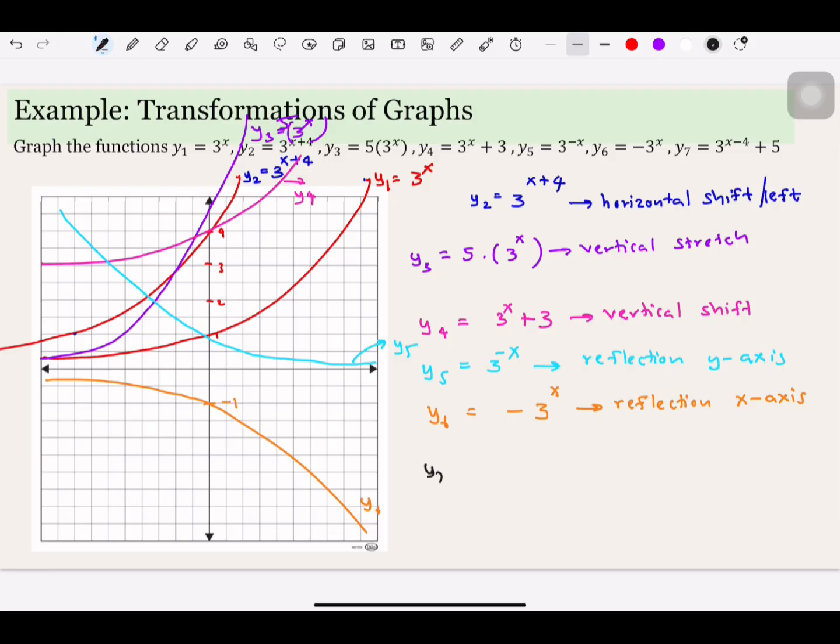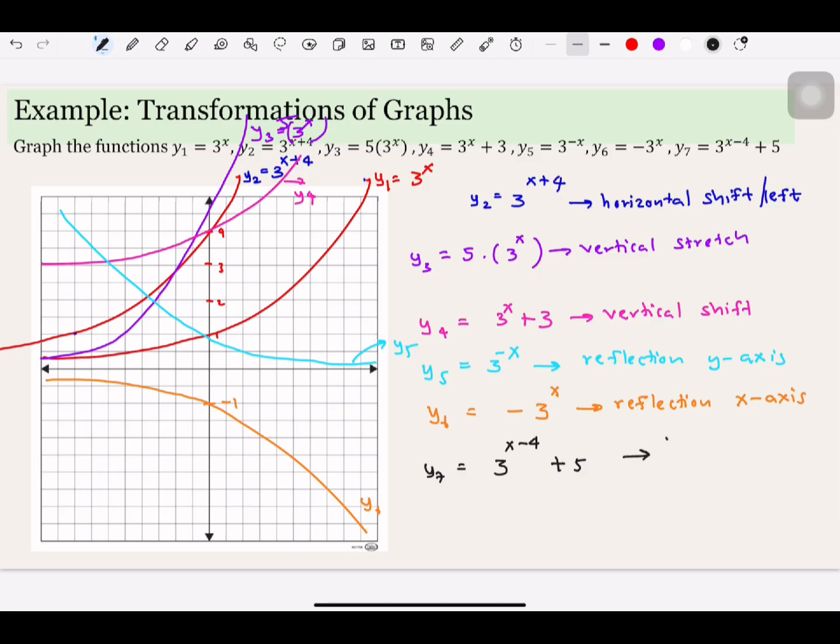y7 is 3 to the power x-4, plus 5. So this is a combination of two transformations. So here x-4 will shift the original graph to the right by 4 units. So let me write that.